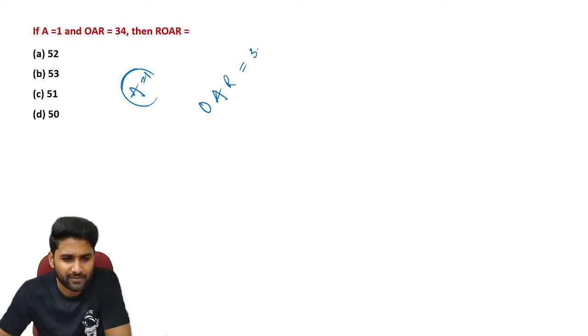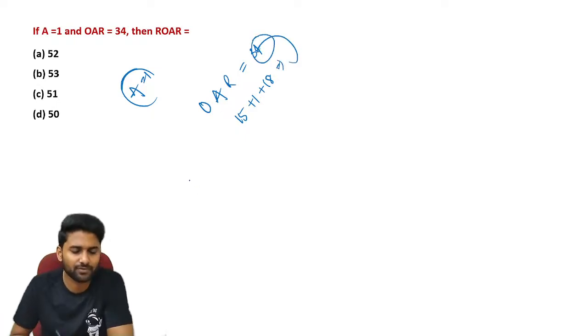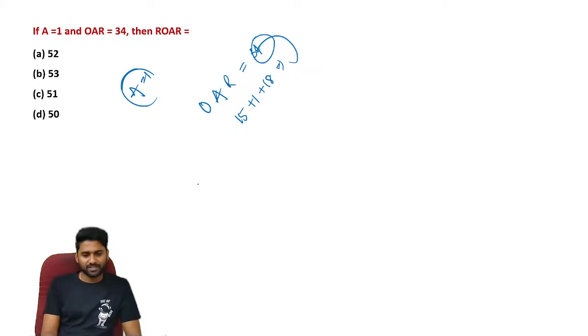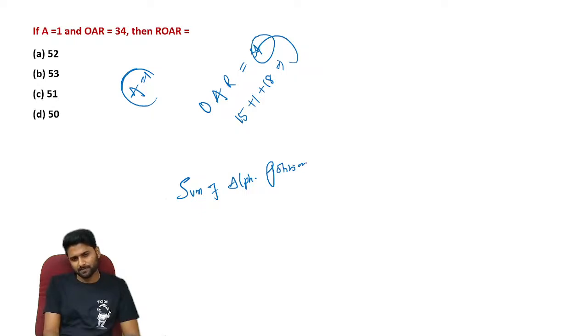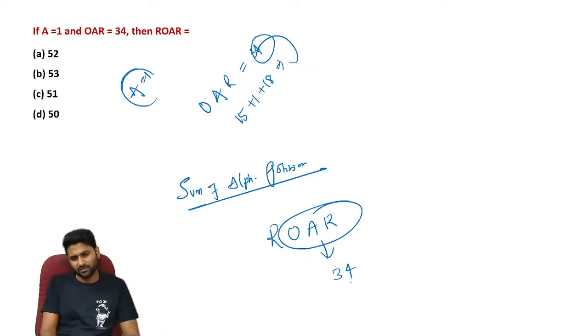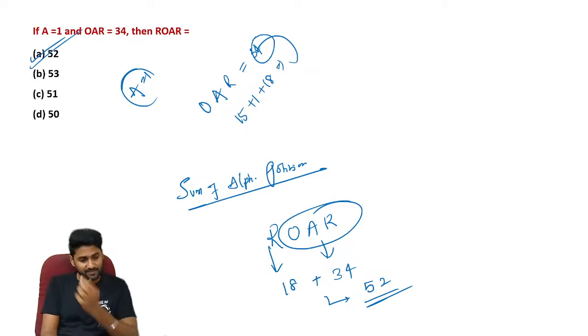OAR is 34. O is the 15th letter, A is the first letter, R is the 18th letter. If you go through the sum, it's all about 34, means the sum of alphabetical positions. The question wrote ROAR. As you know OAR is already given 34 and R's alphabetical position is 18. The sum of these two values is equal to 52. 52 is the correct answer.